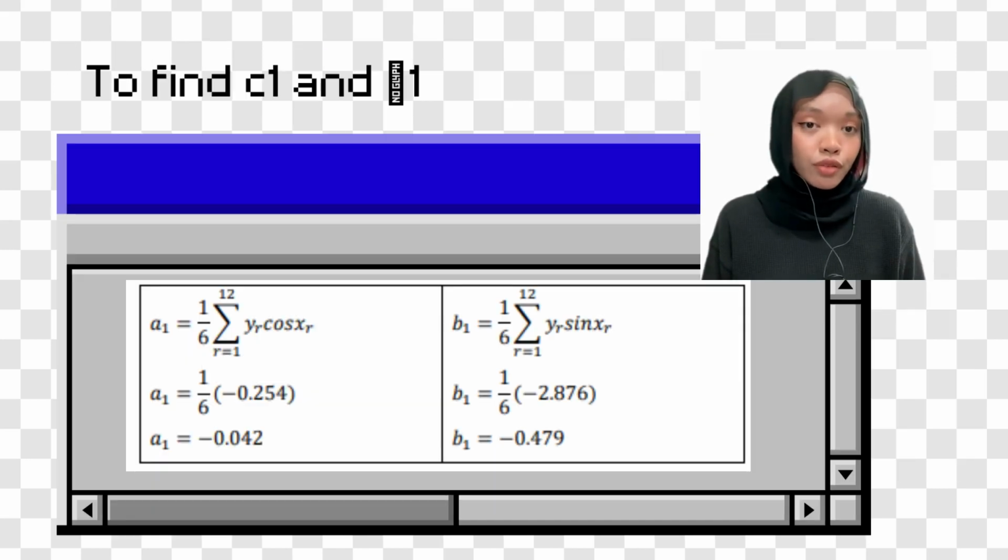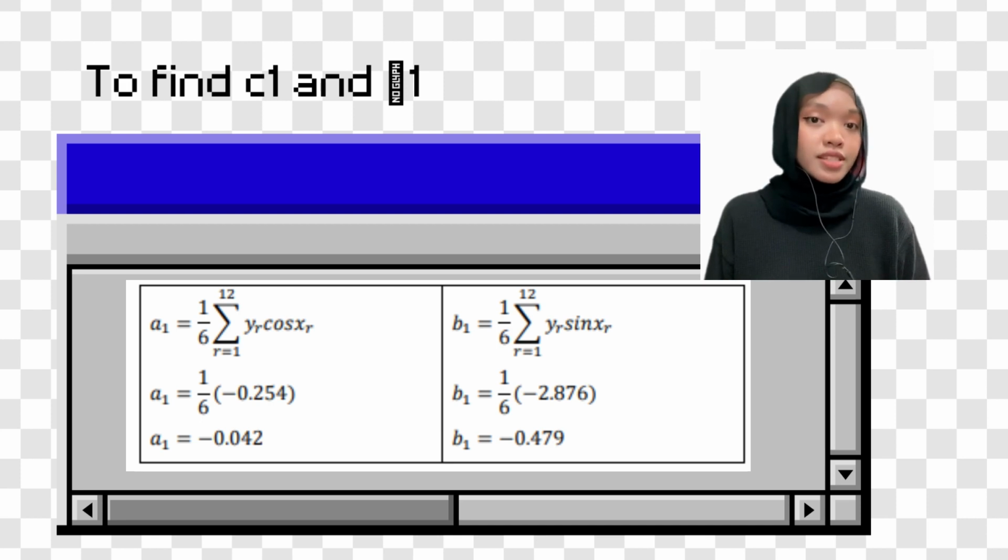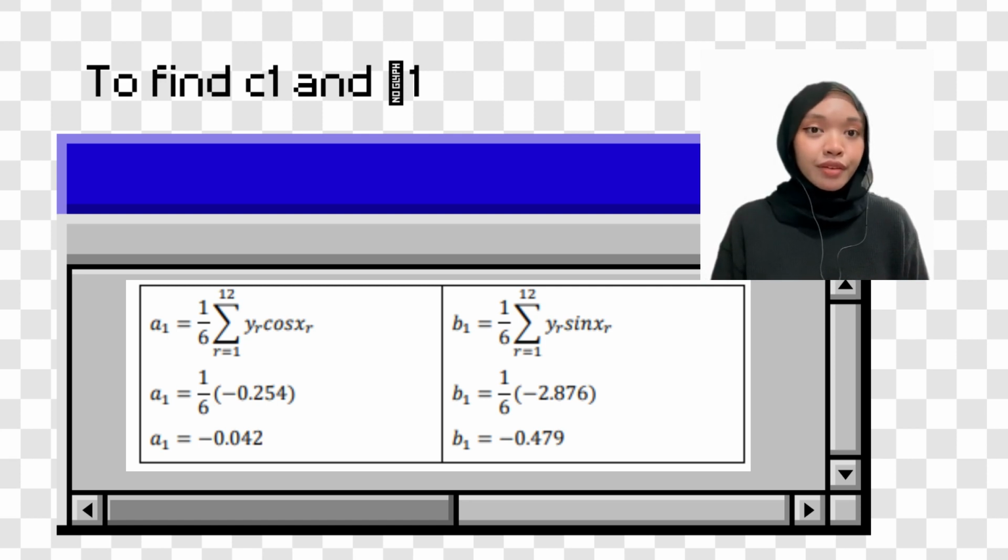After finding the value for c0, now we can find the value for c1. To find c1, it requires us to find the values for a1 and b1. The a1 formula is 1 over 6 times the summation of yr cos xr. After finding the value for a1, next we can find the value for b1. The formula for b1 is 1 over 6 times the summation of yr sin xr.